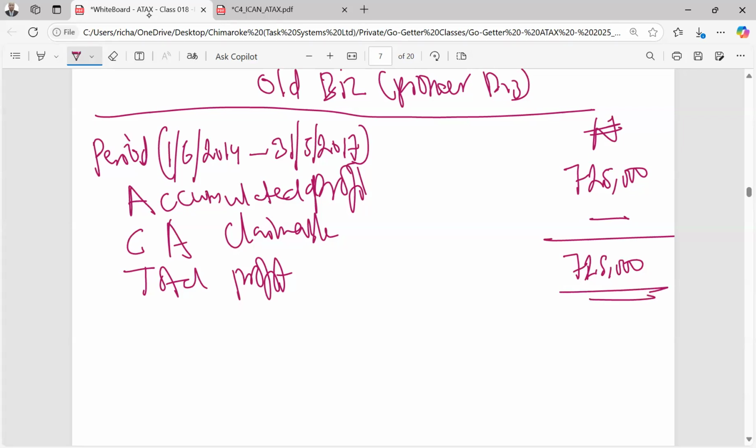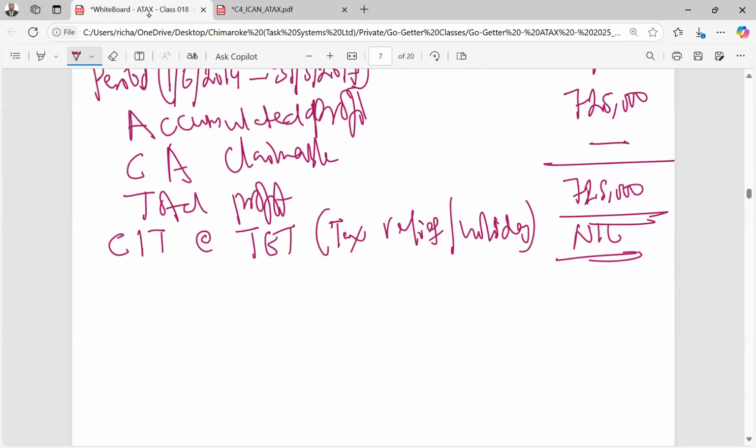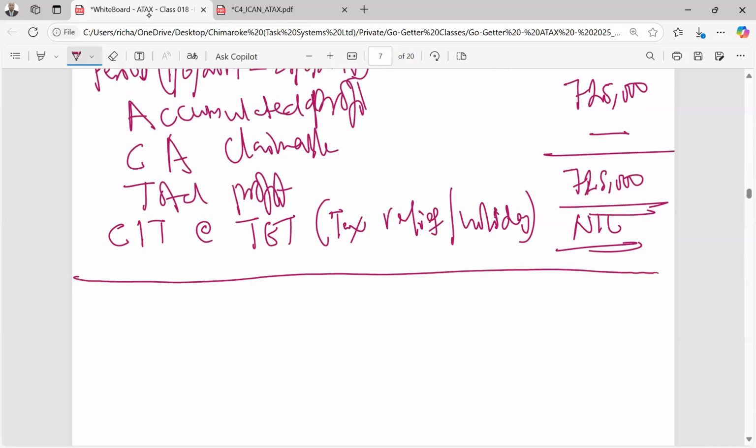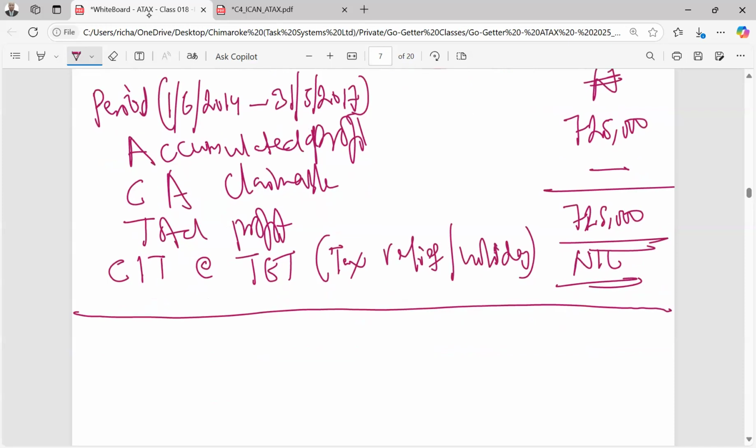So company income tax as well as tertiary education tax are going to be nil. Tax relief or holiday. So we don't tax this business. So this is the pioneer period. So that's it. We come to new business.